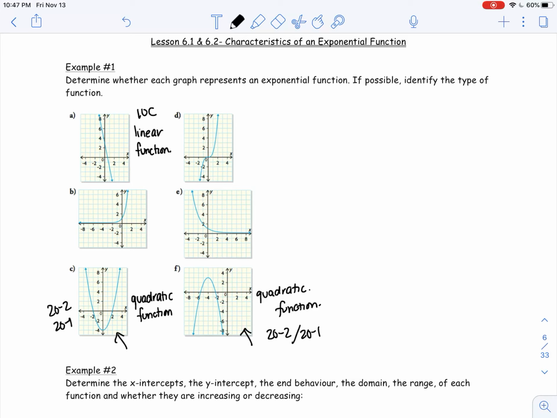Okay, so what we want to do is figure out which of these left over are exponential. Exponential can be used to represent population. Population can grow very, very quickly if you have a lot of resources available. So we're talking about like a population of rabbits. They multiply really quickly. So these two are exponentials.